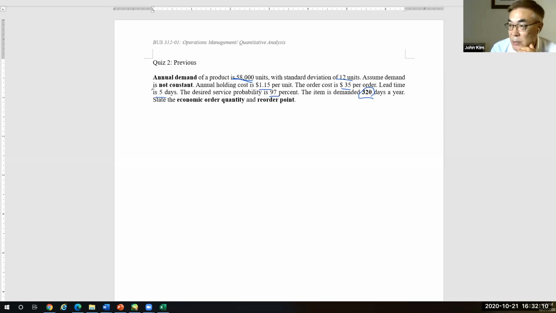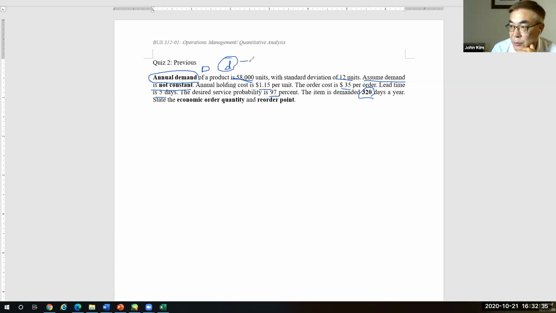And demand is not constant, so we should use the safety stock model. By the way, this one gives you annual demand, uppercase D. Sometimes if it is given a daily demand, then use the daily demand.